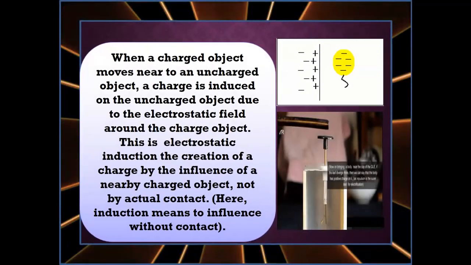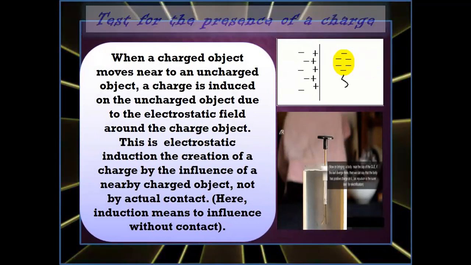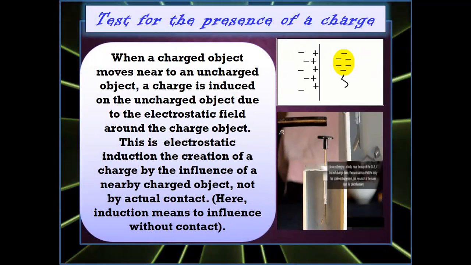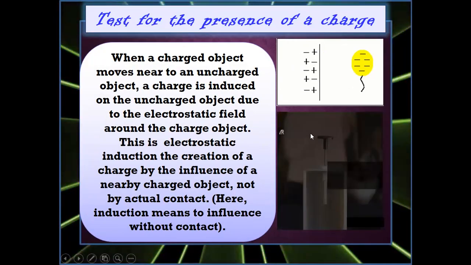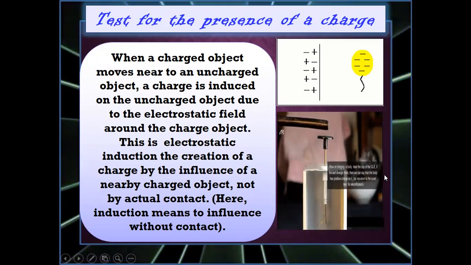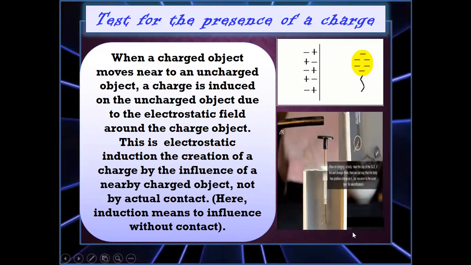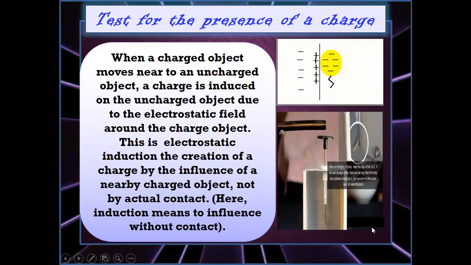Now we test for the presence of a charge. A charged object will attract neutral objects. For example, a rubber balloon will become charged if it is rubbed against a woolen shirt, and it will stick to a wall.